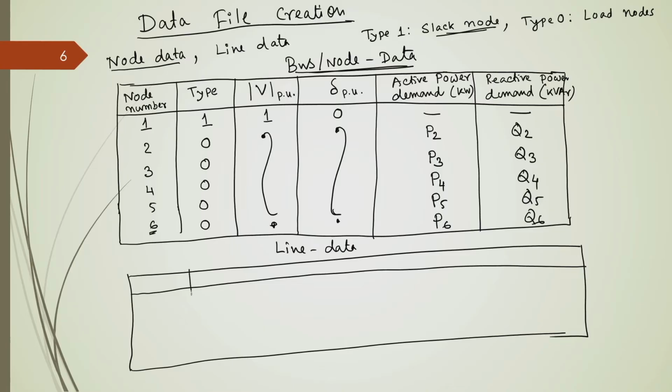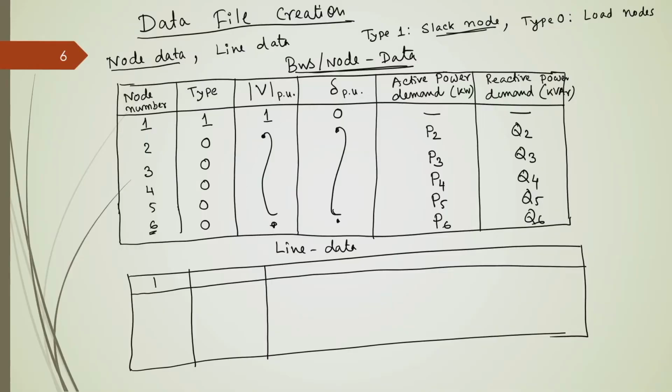The first 2 columns tell us which node each line is connected to which node. Let us call them NS, the sending end node, and NR, the receiving end node.